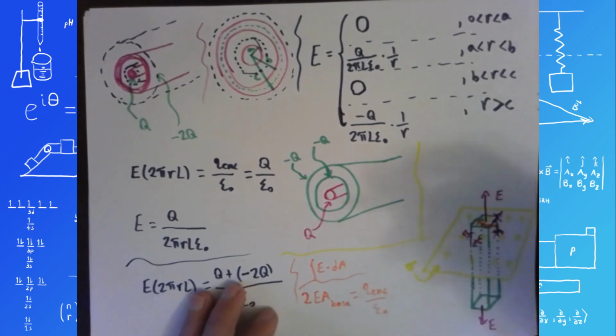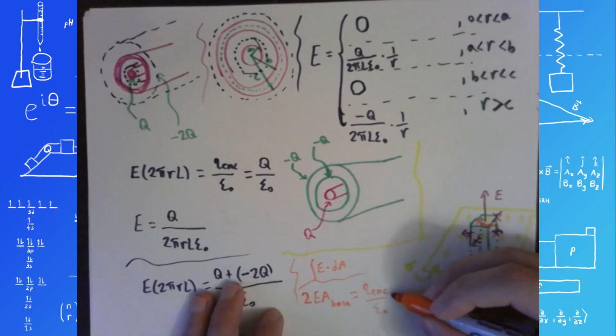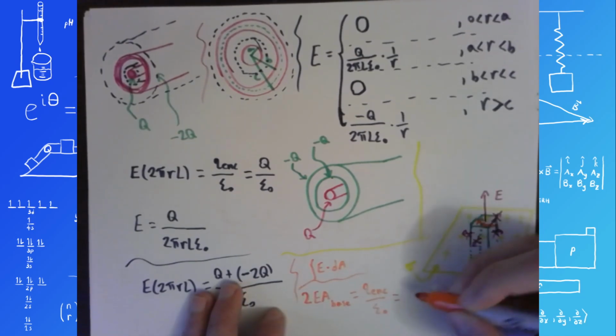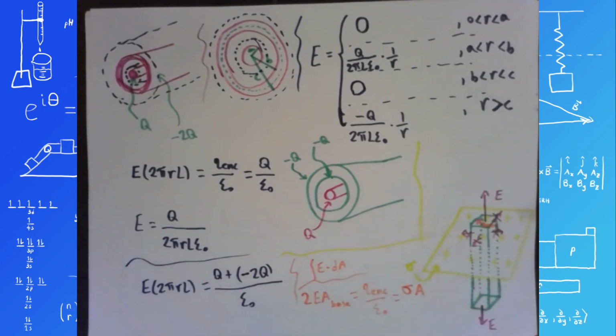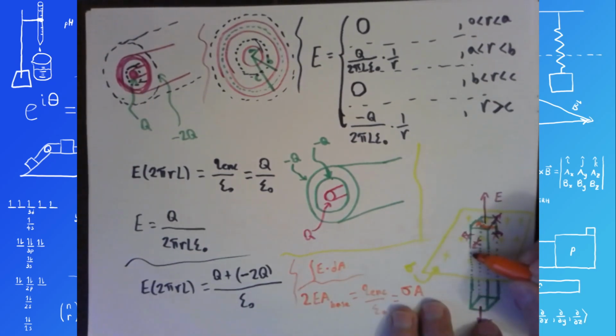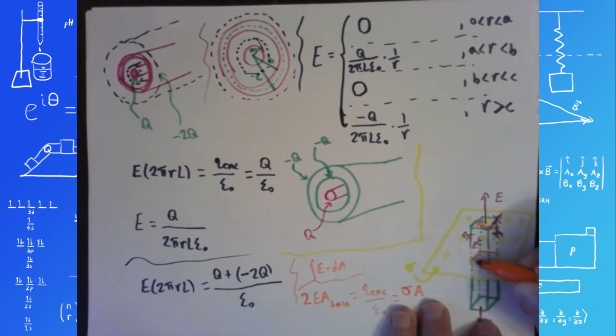over epsilon naught. The charge enclosed is equal to the surface charge density times the surface area enclosed. And what's the surface area enclosed? Well, if I take a look at the section of this infinite sheet of charge that is actually enclosed by my rectangular prism, and I guess I drew it a bit slanted because I didn't plan carefully when I drew this thing.